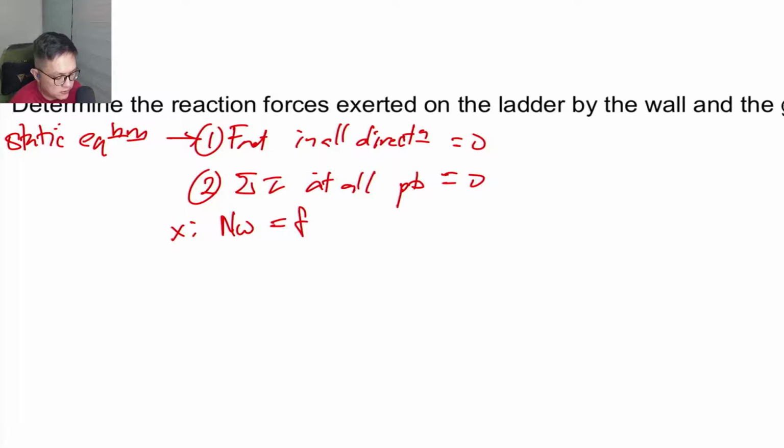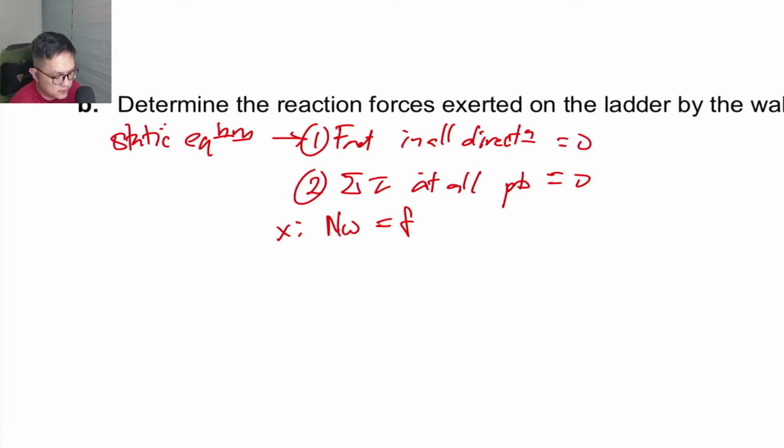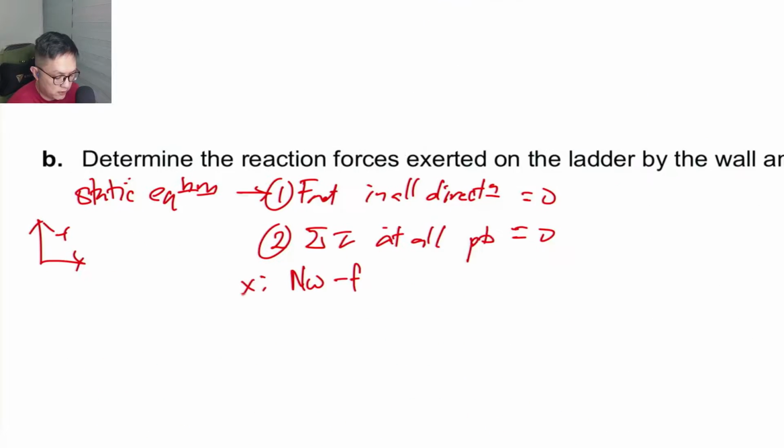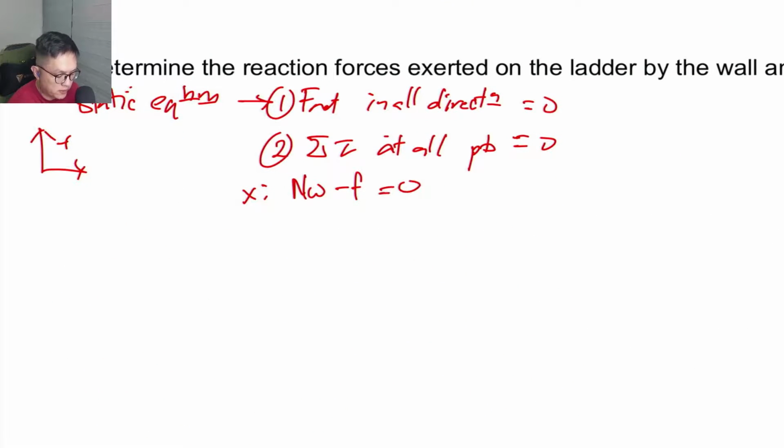I'll just use the standard convention: right is positive, upwards is positive. NW is pointing to the right, so it's positive. Then we do minus F because the frictional force is pointing to the left, correct? Pointing to the left. Equals 0. So NW is equal to F. Let's keep this in mind first so we can see what to do with it later.